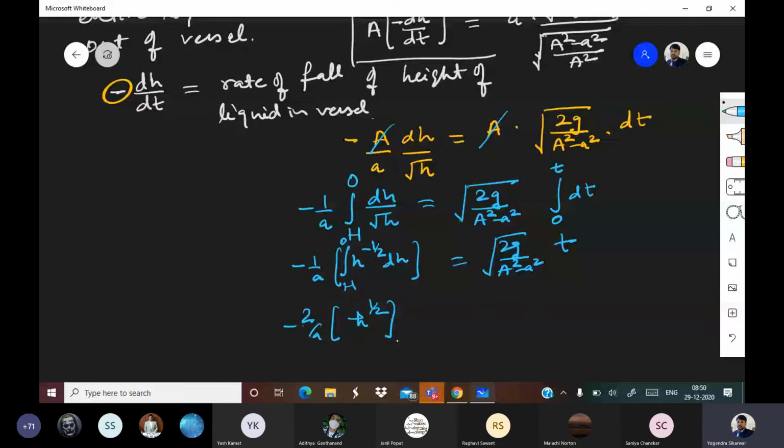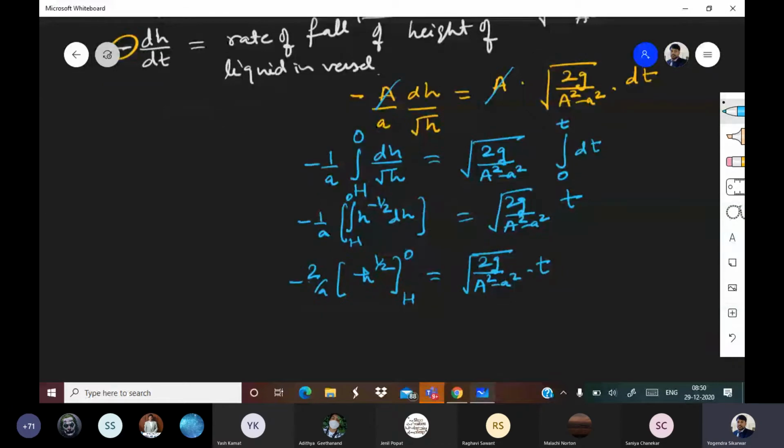And the limit is from h to 0, because the initial height was h and the final height became 0, is equal to root of 2g upon A square minus a square into t.